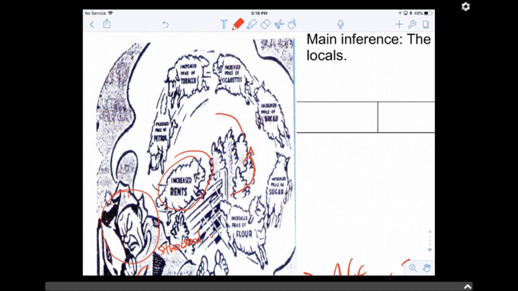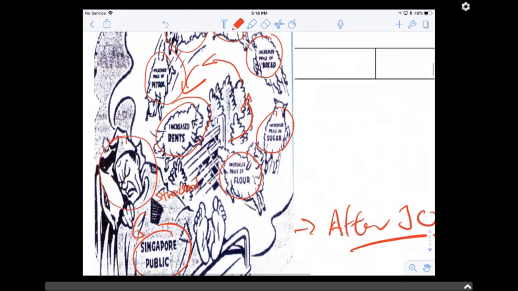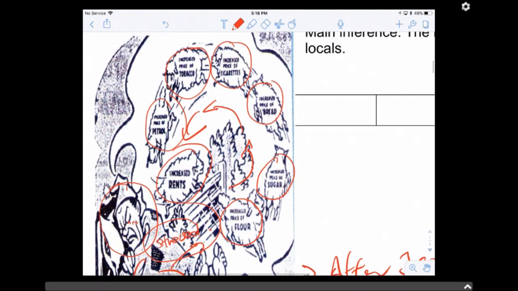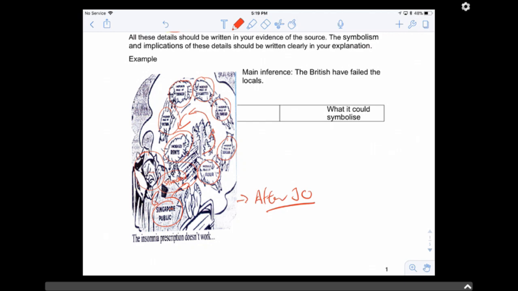They're going around in circles, and all these things are the different problems that the locals are facing. So in effect, this man representing the Singapore public is feeling stressed, and he's dreaming about the different problems inside Singapore itself that were not solved by the British, correct?